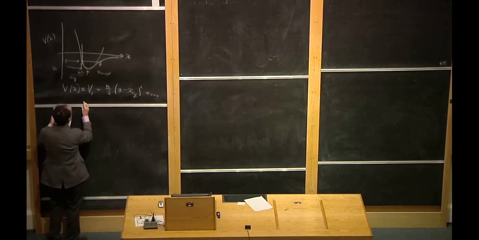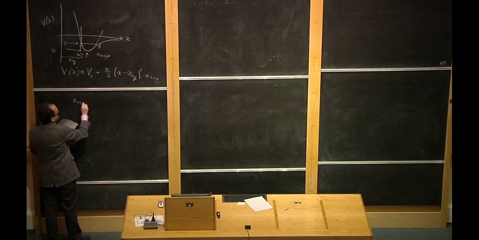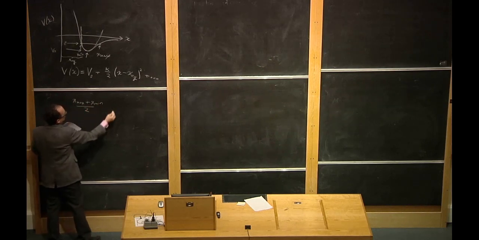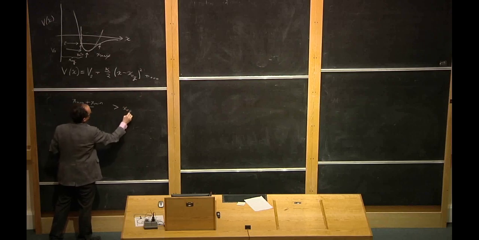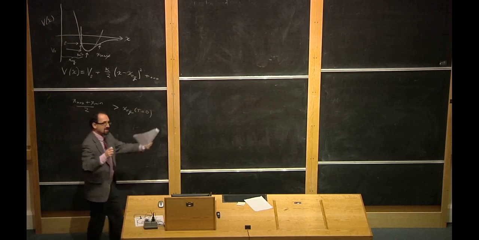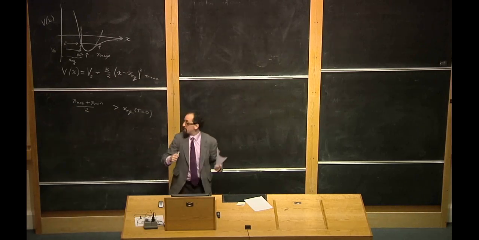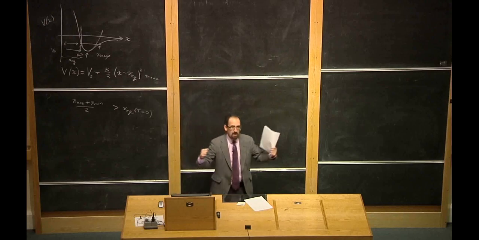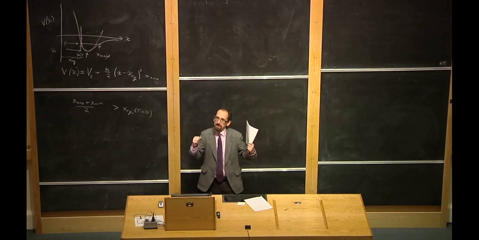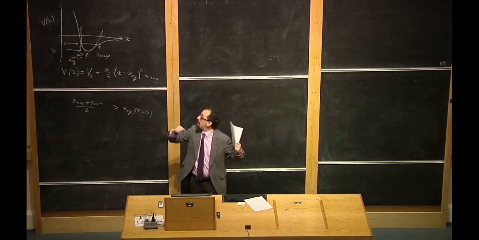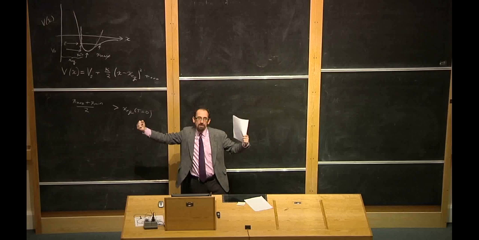In particular, x max plus x min over 2 will be greater than x equilibrium at t equals 0. So the average distance that the atoms are from each other when they start oscillating will start to increase. And this comes from the fact that when the atoms oscillate, they can push in a little bit, but the potential is really steep, so they can't push in that much. But then when they oscillate out, the potential is softer, so they can go a much farther distance out.